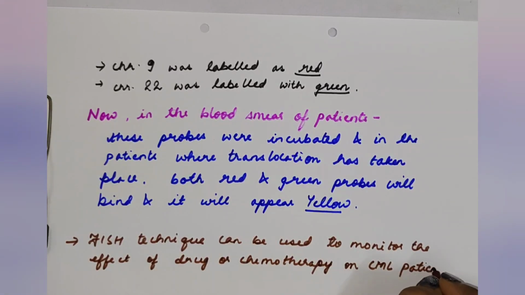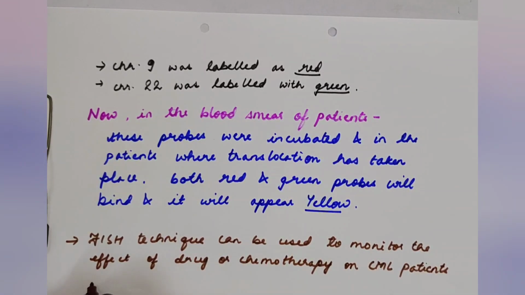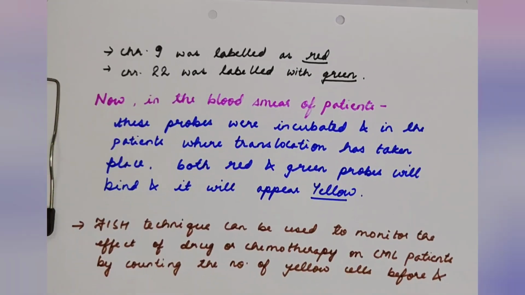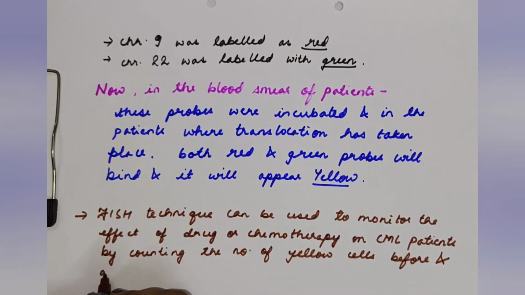Then, after the chemotherapy or the drug treatment, again the blood smear of the patient will be taken and the number of yellow cells will be counted. If the number of yellow cells has decreased after the treatment, then we can say that the chemotherapy or the drug treatment is effective. Whereas if the number of yellow cells does not decrease, it means the treatment is ineffective.